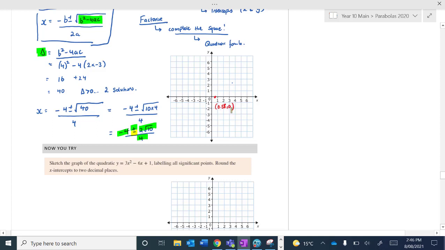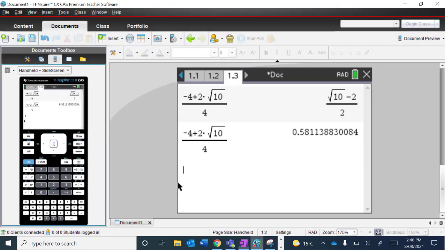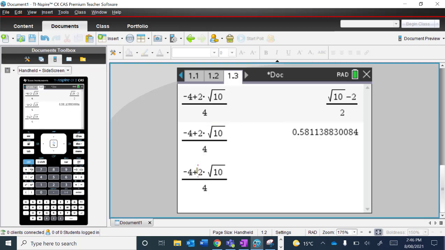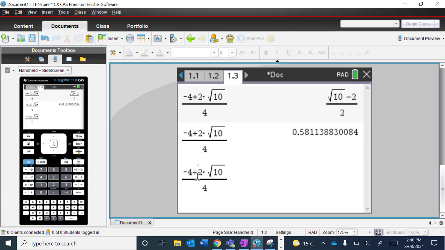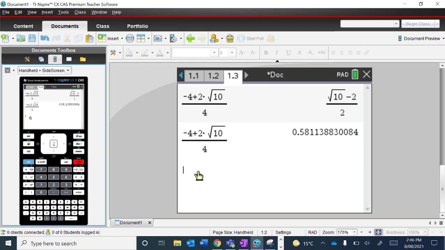That's 0.58, 0. If I go over here and do the same thing, but this time I'm going to go across here, press enter, copy it down, and all we're going to do is change this minus 4 plus to minus 4 minus. Press enter again, and over here I want to delete that.